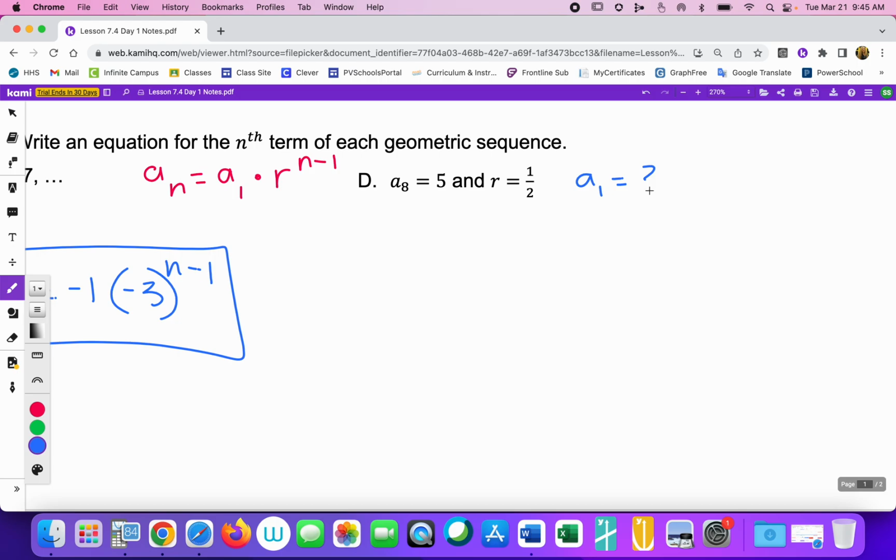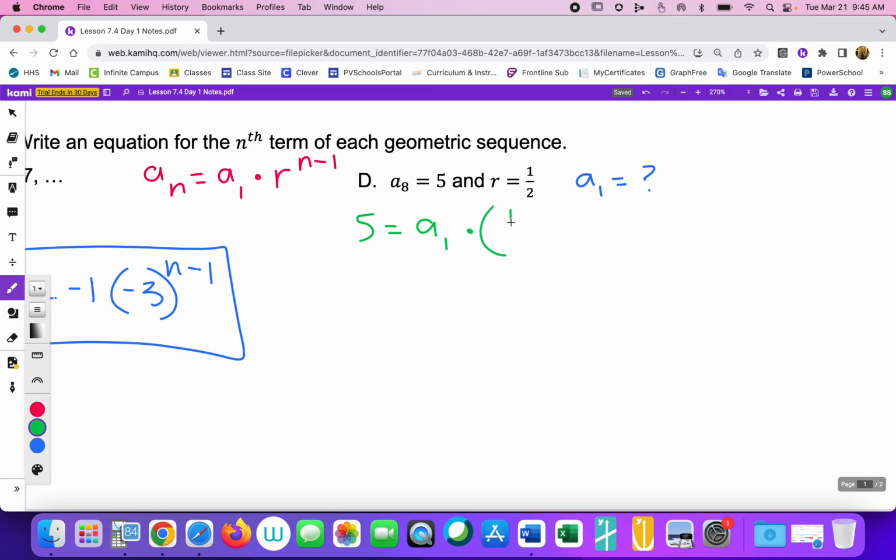Now we're going to use the 8th term, which is 5, to isolate A1. So the 8th term of 5 is going to go where A sub n is, right here. So the whole 5 is going to be there. N is what numbered term it is, which is the 8. So those will go together. So we're going to plug that in. So the 8th term is 5. We don't know our first term.